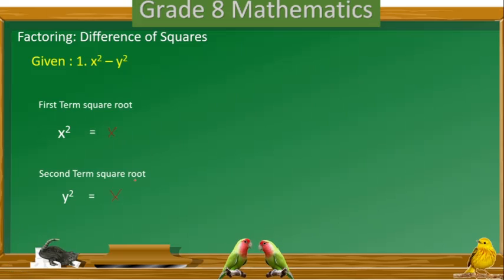From that, we will make parentheses in which we distribute all of this. First, we have x, x. The sign is negative, then copy the second term, then the sign here is opposite to this one, then y.